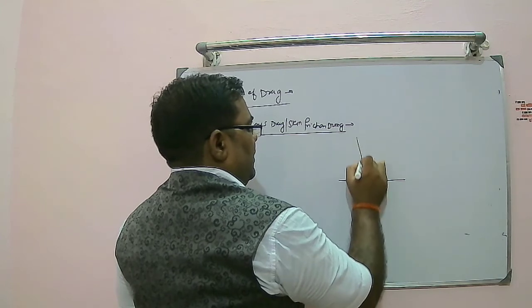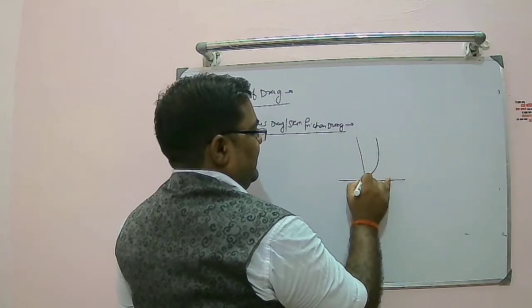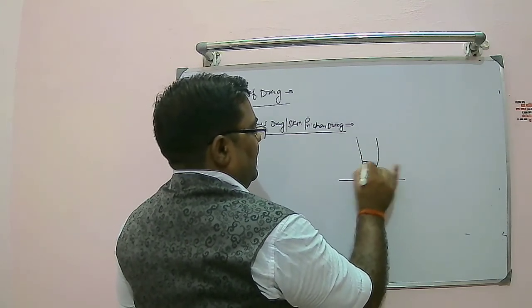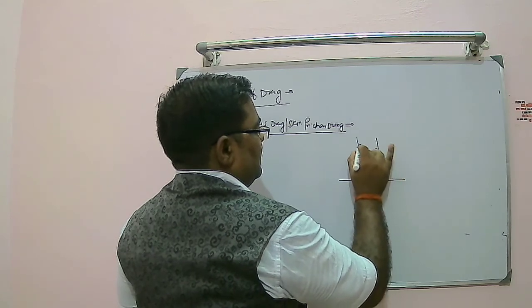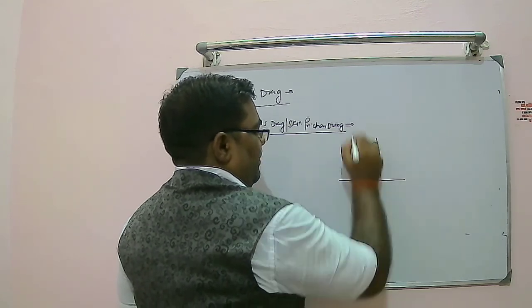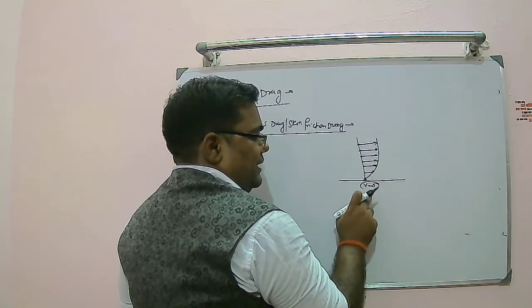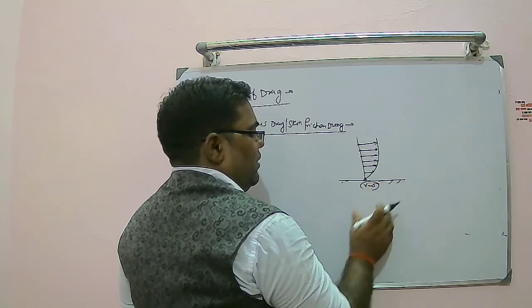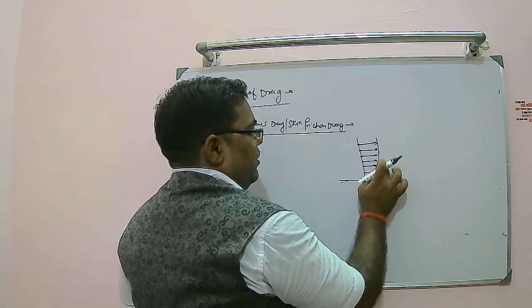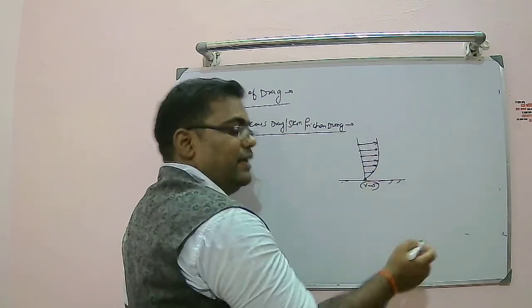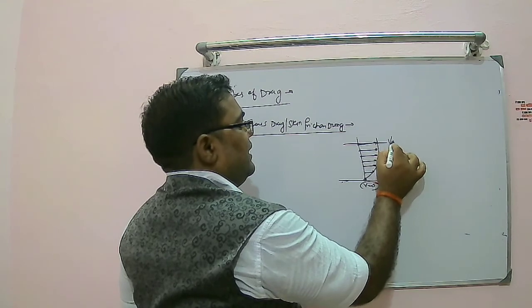Going away from the solid surface, where velocity is zero due to the no slip condition, the profile will be parabolic up to a certain height. After that it will become the free stream velocity again.